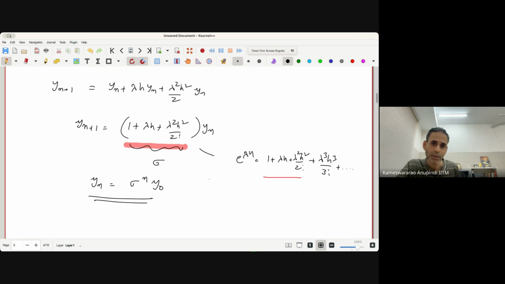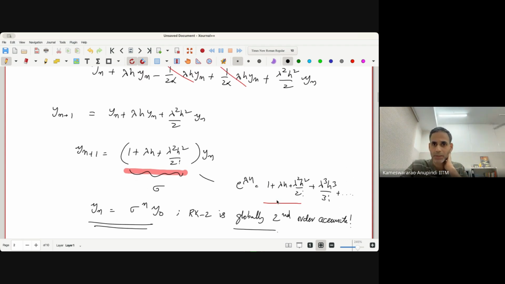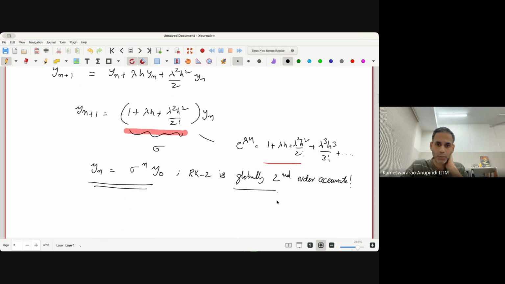So because it is matching up to second order, we say that RK2 is globally second order accurate. Fine. So we have established the order of accuracy of the RK2 method.